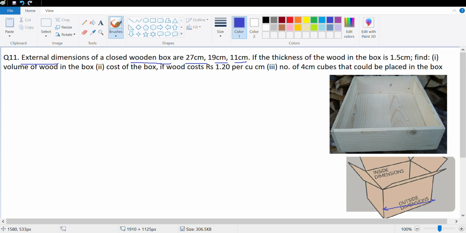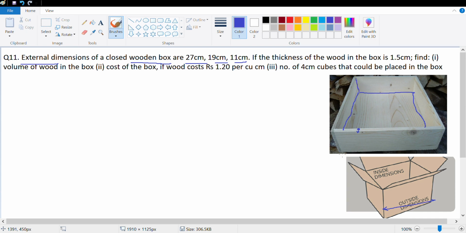Would the internal dimensions differ from the external dimensions? Yes, they would, because this is the thickness of the wood, which is not being counted in the internal volume. So if I look at this, this is my internal length and internal breadth, and this is my internal height.